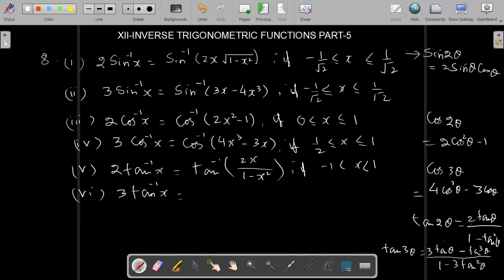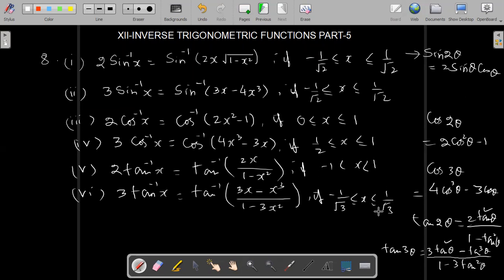On the right hand side, tan theta is replaced by x. So we get the formula for 3 tan inverse x: tan inverse of 3x minus x cube divided by 1 minus 3x square, if x varies from minus 1 by root 3 to 1 by root 3.